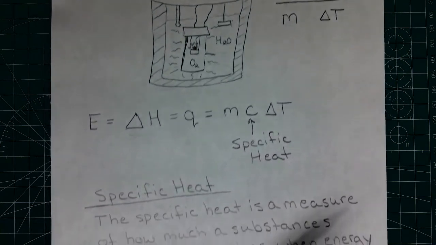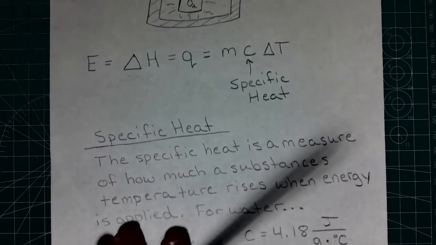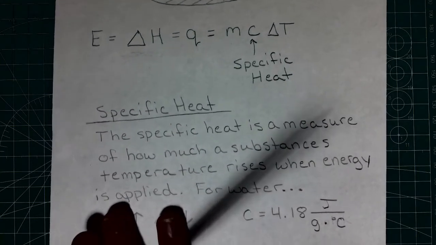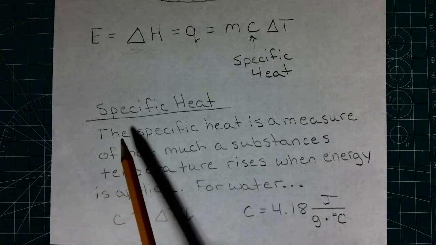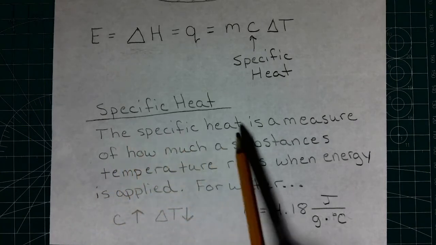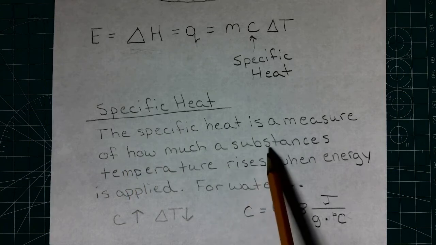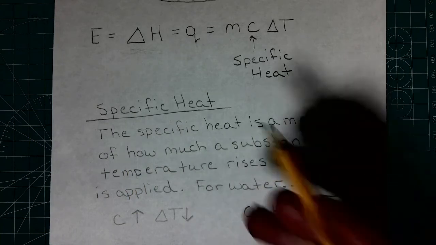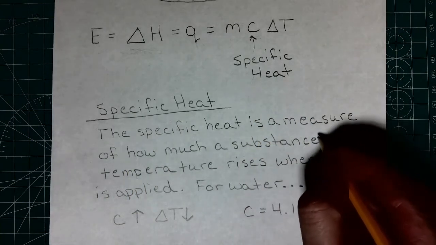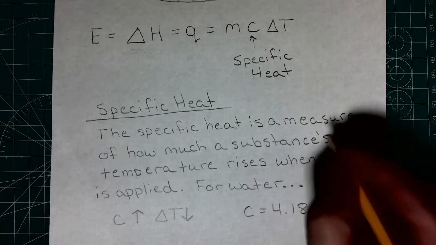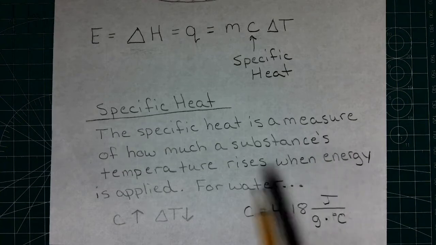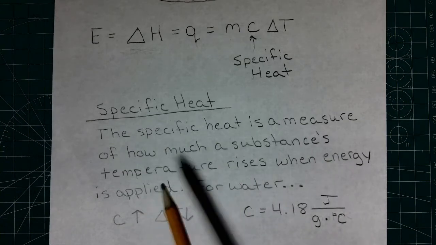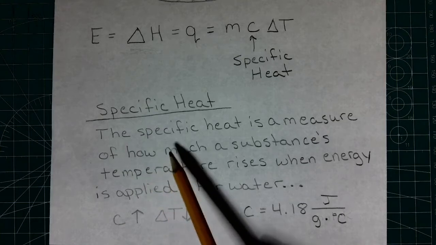And what is specific heat? The specific heat is a measure of how much a substance's temperature rises when energy is applied. Okay? And it is intrinsic to a substance.